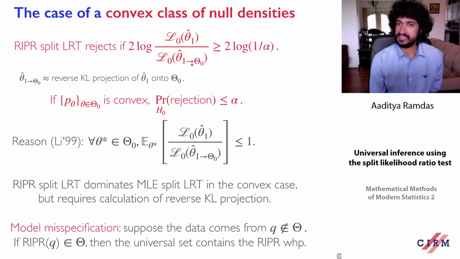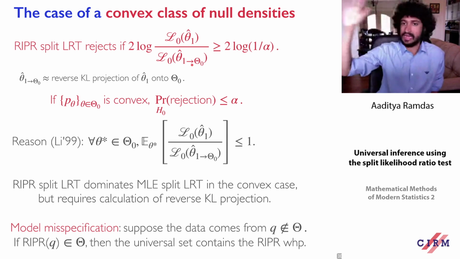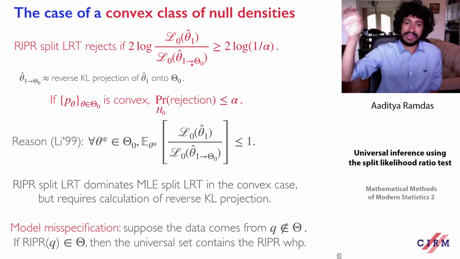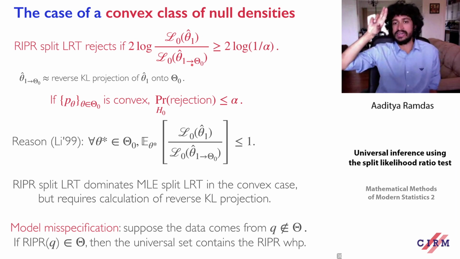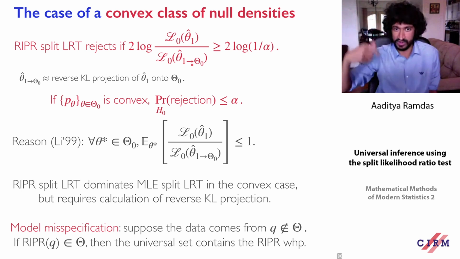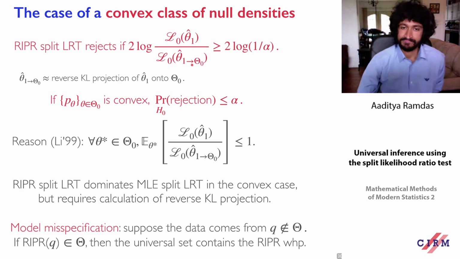So it's an interesting thing. You first calculate theta hat 1 any way you want, it's any estimator. And then you do a reverse information projection of theta hat 1 onto the null set. So it kind of finds the nearest point on the null set to theta hat 1. And so the test uses that. We call this the RIPR split LRT. It's inspired by some recent work by Wouter Koolen and Peter Grünwald.